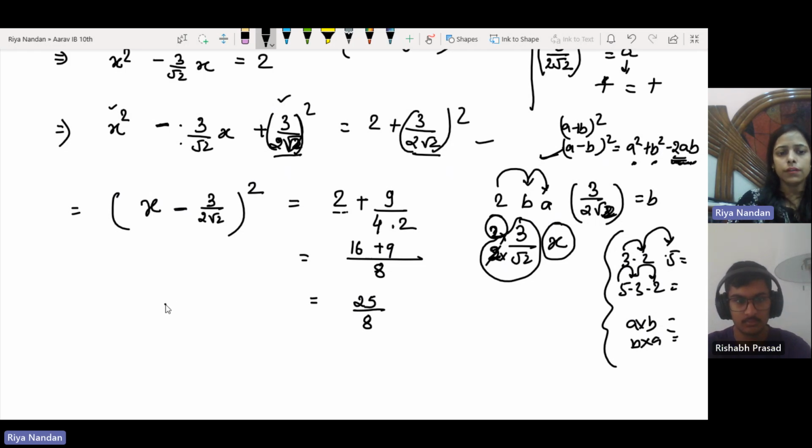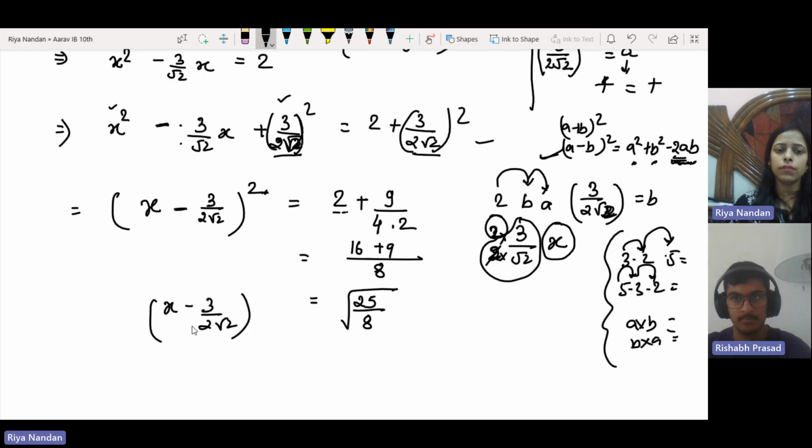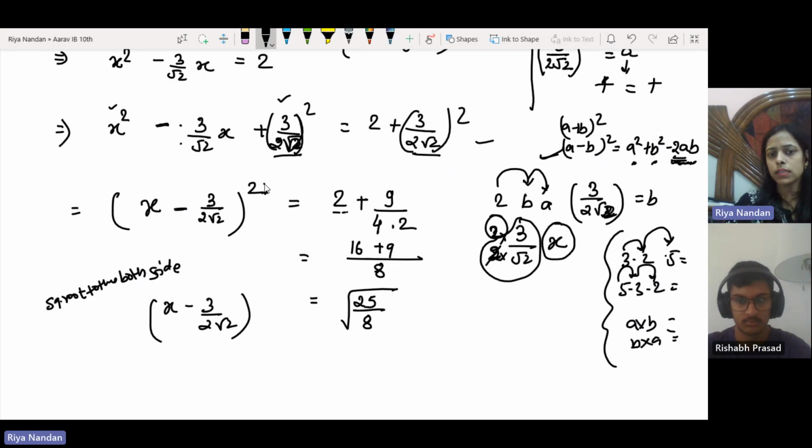And now here it is x minus 3 upon 2 root 2. Once we are squaring both sides, we apply the square root to both sides, the square and root cancel out, and on the RHS it will add with the roots.